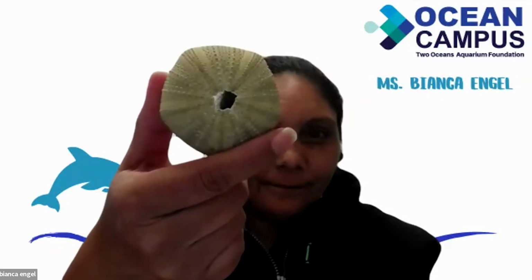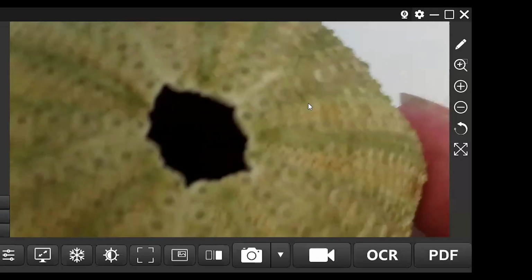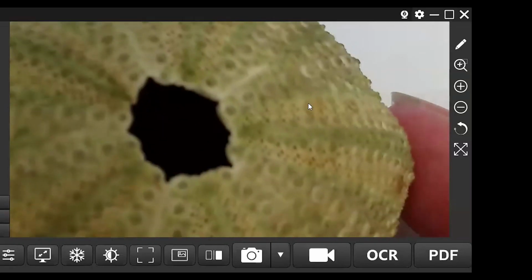I'm going to show it on this. Okay, that's what the shell looks like. I'm going to switch over and share with a visualizer to see if we can see a bit more detail.